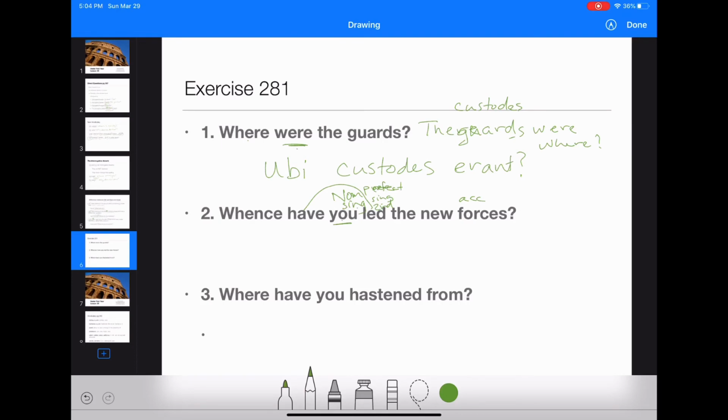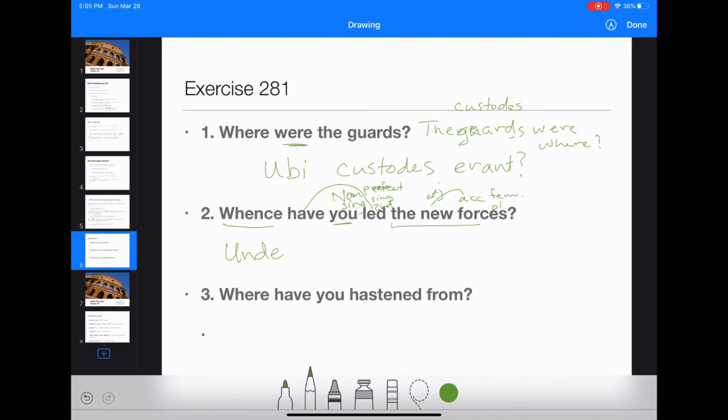And forces is feminine. We'll use the word copia. And it is always plural. So new is going to need to match that because it's an adjective. So it also is going to be feminine, accusative, and plural because it has to match in gender, number, and case. And then that leaves us just with whence that we haven't figured out yet. But we know already that any time we see the word whence, we're going to use the Latin word undi.